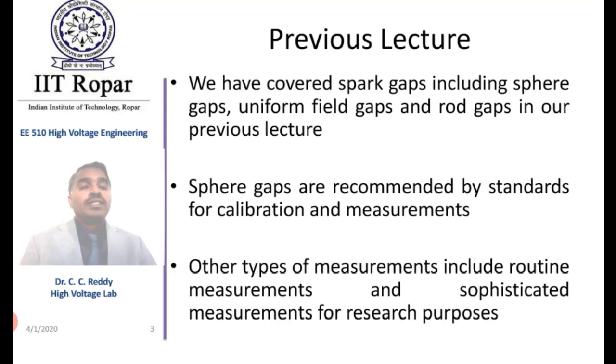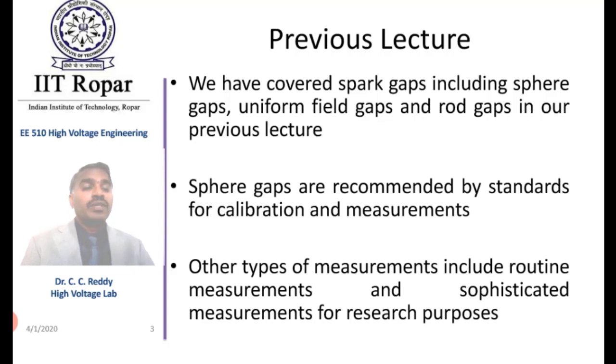In the previous lecture, we covered spark gaps, including sphere gaps, uniform field gaps, rod gaps, etc. Among these, sphere gaps are recommended by standards for calibration and measurement purposes.